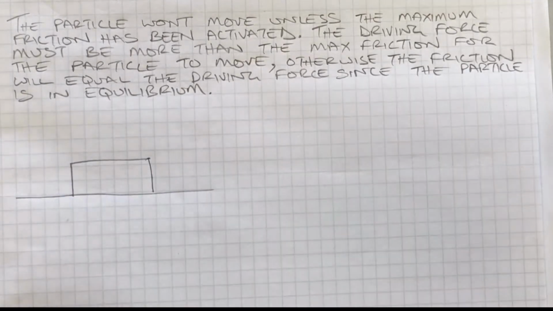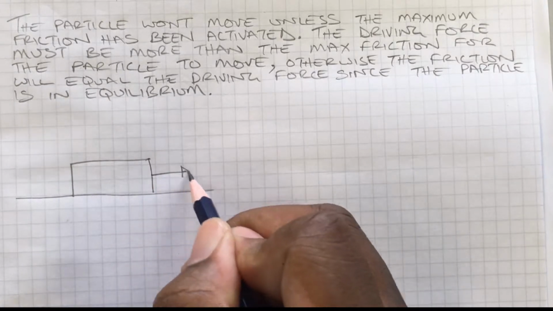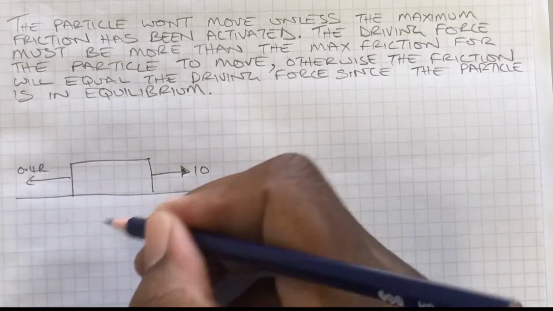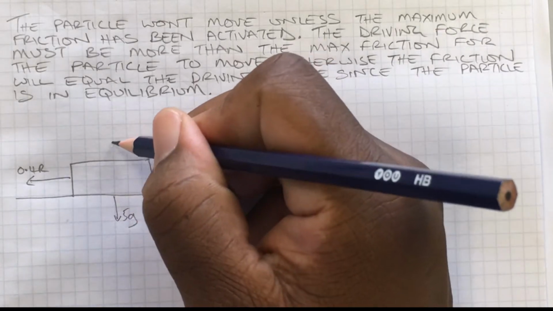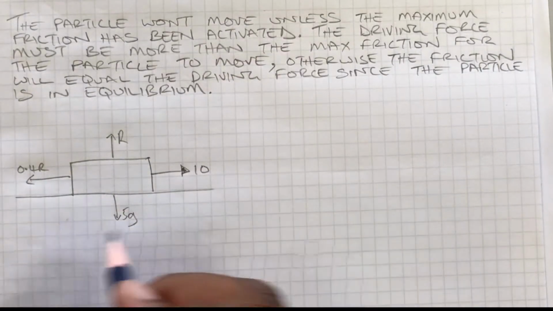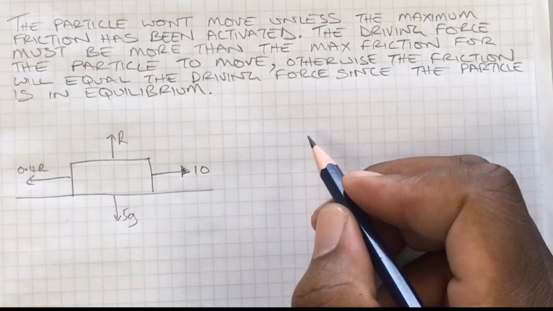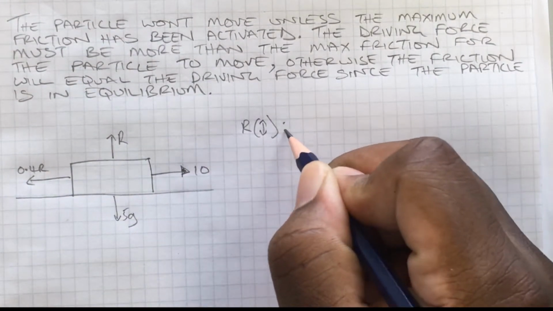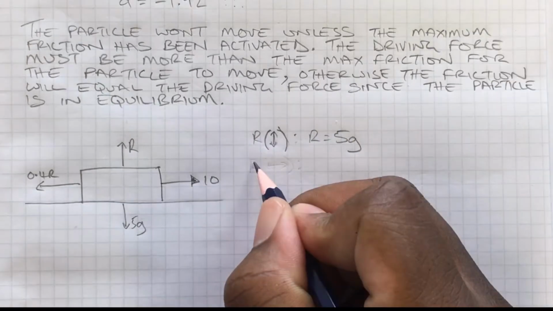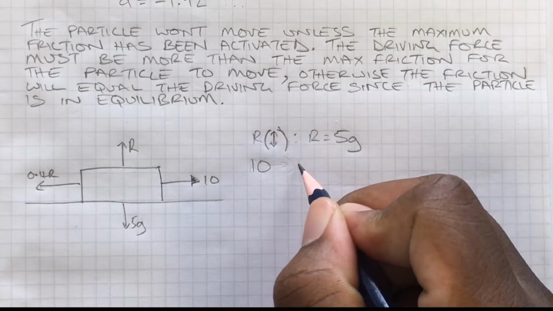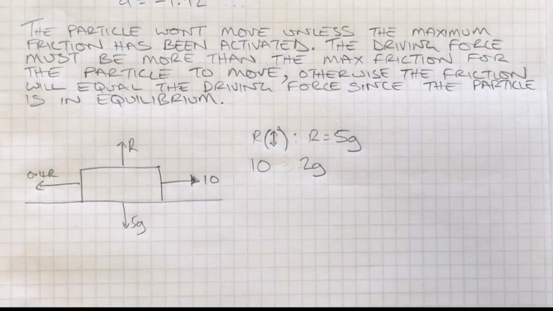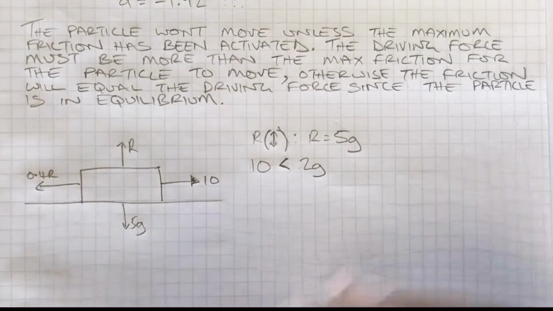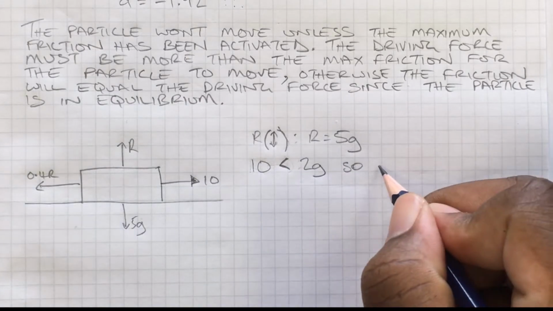Okay, so let's go again and see how we should have approached that last question. So the driving force is 10. The friction I'm going to model is 0.4R, which is the maximum. We're going to consider whether or not it's moving. Weight of 5g and our reaction force. Resolving vertically, reaction force is 5g. A comparison of the driving force and the maximum friction lets me know the driving force is less than the maximum friction.